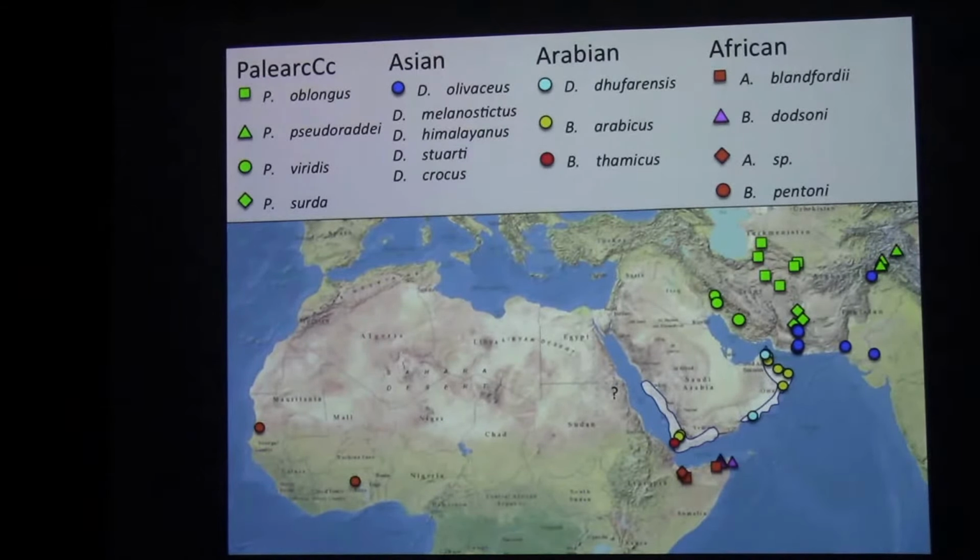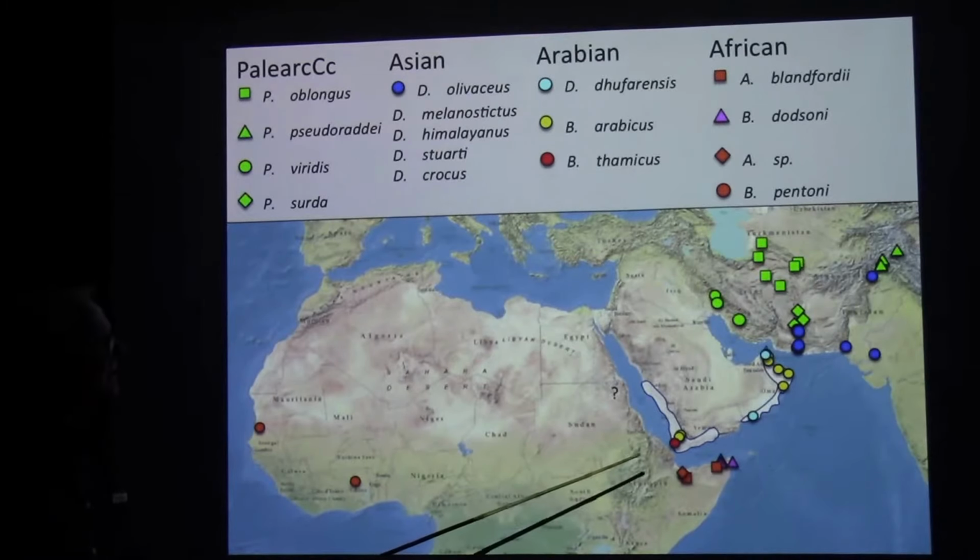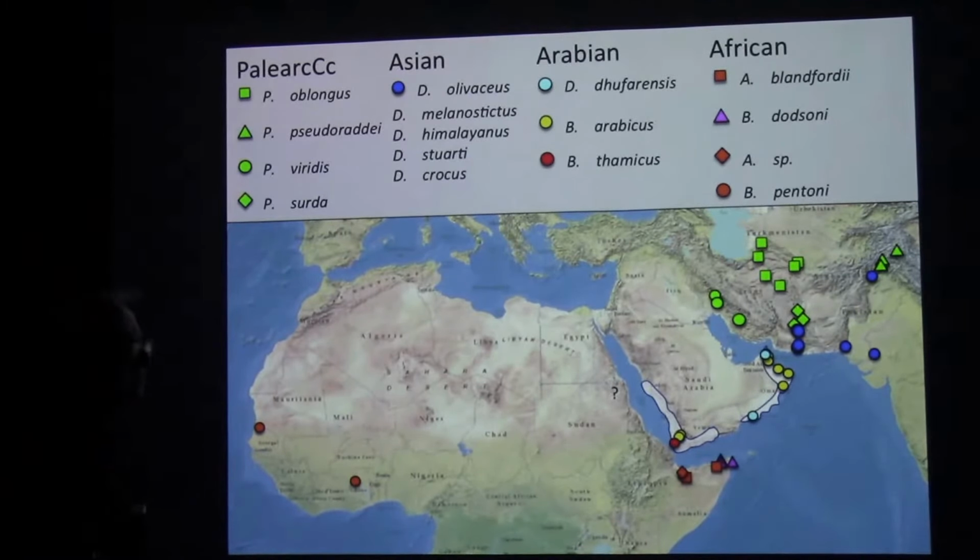These are the toads that we looked at, mainly looking at the Arabian Peninsula, but we have Palearctic species, Asian, Arabian, and African. And what Dan found in his molecular work was that Bufo pintoni, we had a sample that I had collected in Mauritania and a sample that Dan had collected in Ghana, and it turned out its closest relative was this Bufo tahamicus from Yemen.